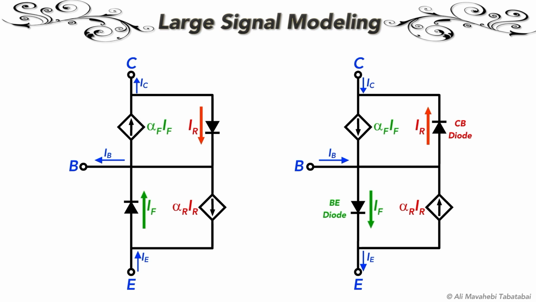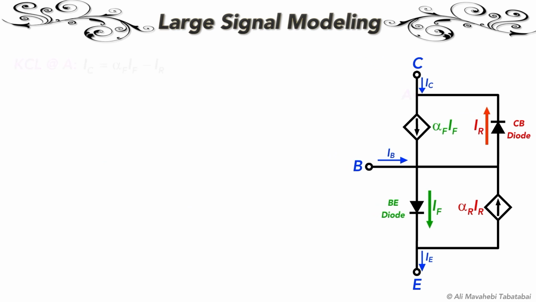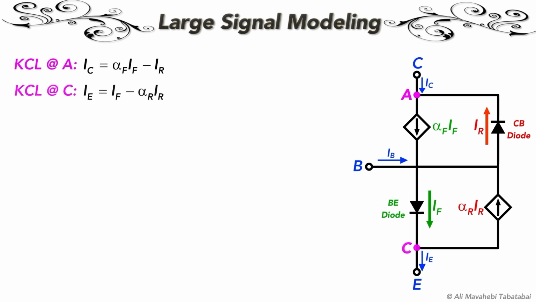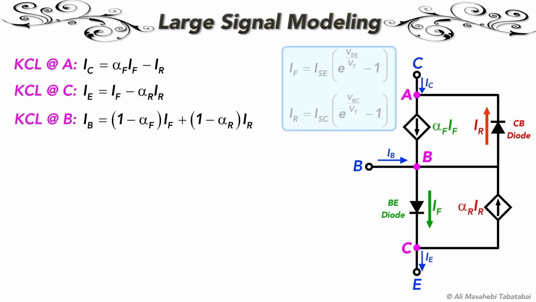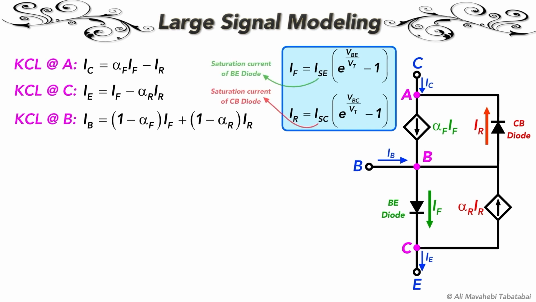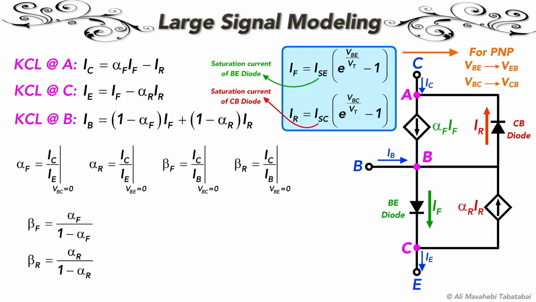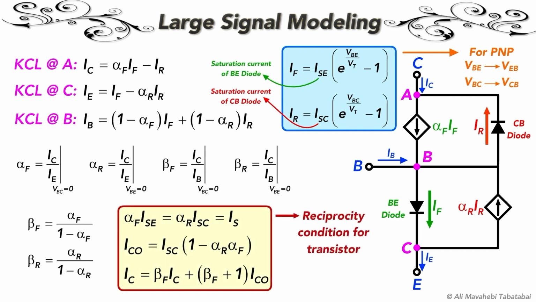Now, based on the Ebers-Moll model, we can write current equations of the emitter, collector, and base terminals. These are the current equations you saw before, with the reverse currents of the base-collector junction also included.